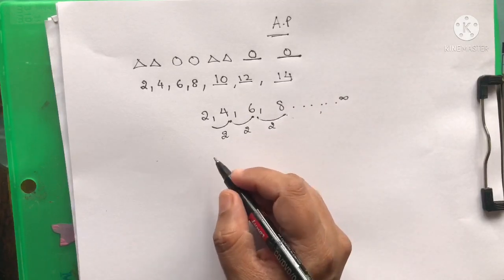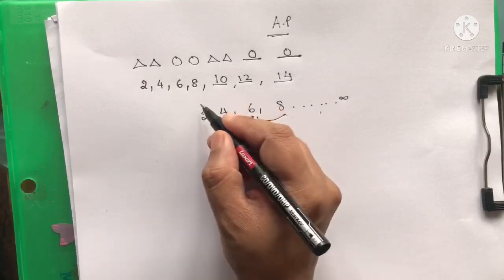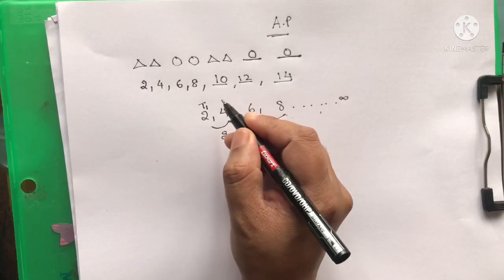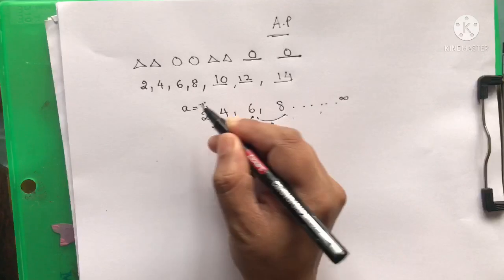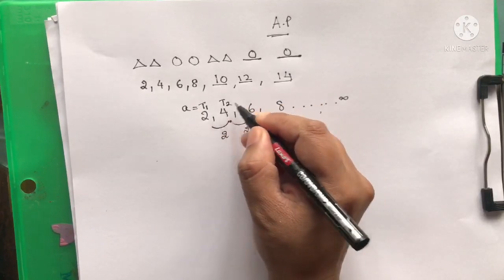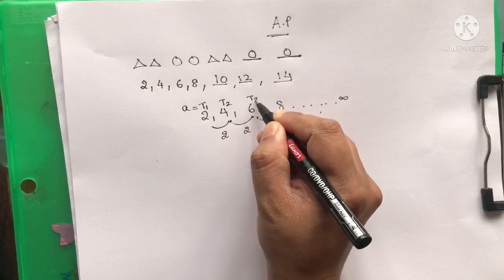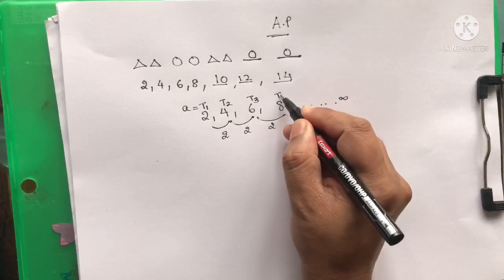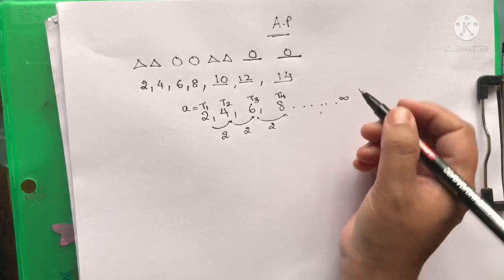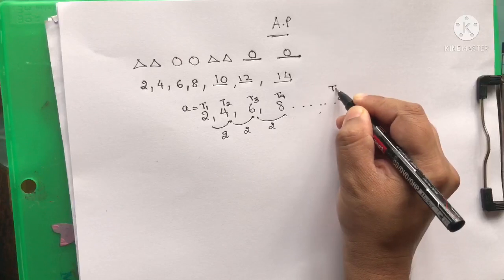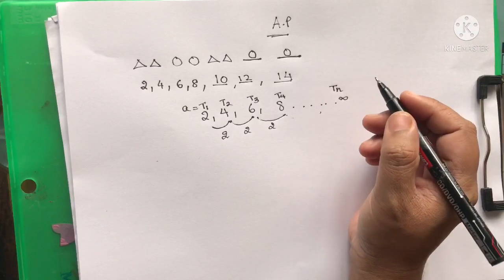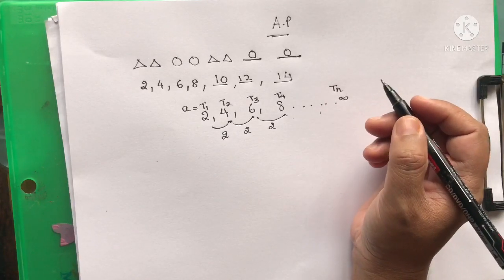Now, your first term is called T1, also called A. Second term T2, third term T3, fourth term T4 and so on, and your last term will be called Tn, wherever you are ending it, or whichever number you're trying to find.